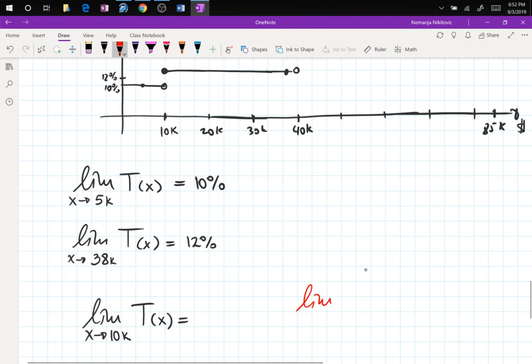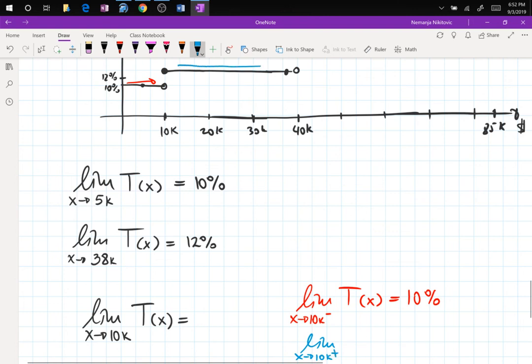We take a look at x approaches 10k from the left. So Juliet would be walking on this lower tax bracket going towards 10k, and she would report that the tax bracket is 10%. Right? Romeo, on the other hand, the blue one, approaches 10k plus from the right.